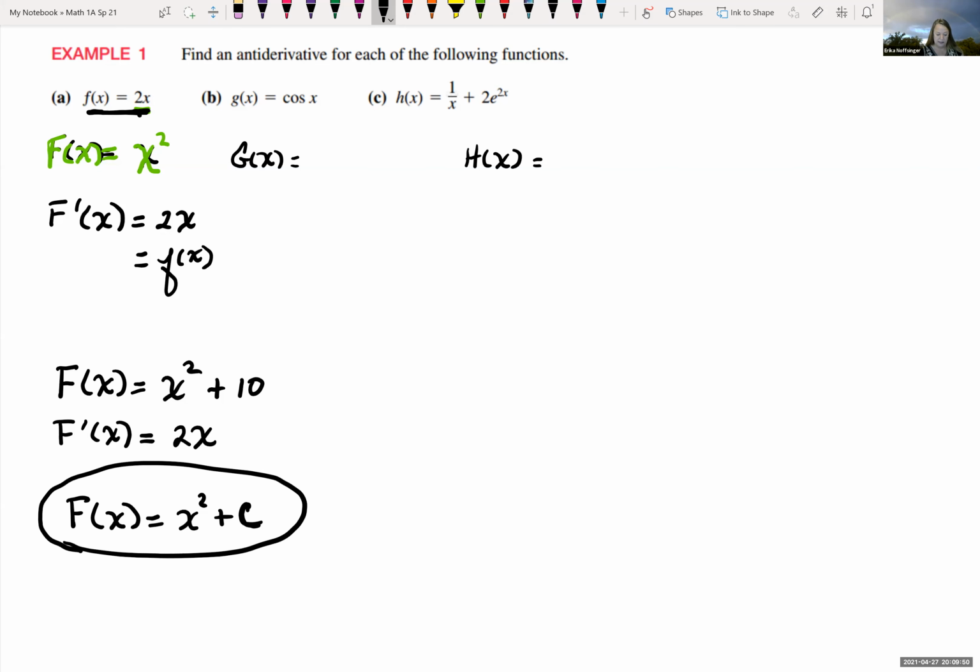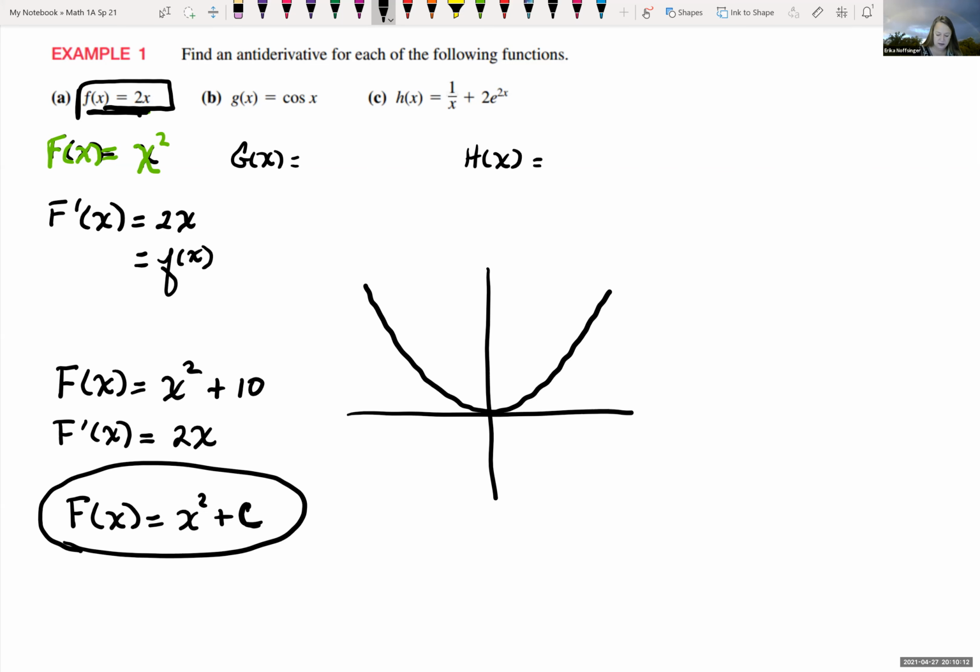If you think about it geometrically really quickly, what does the graph of y equals 2x look like? Actually, we can also think about what the graph of x squared looks like. Let's do that instead. Remember, if you added or subtracted a constant when thinking about transformations of functions, that just shifts our function up or down.